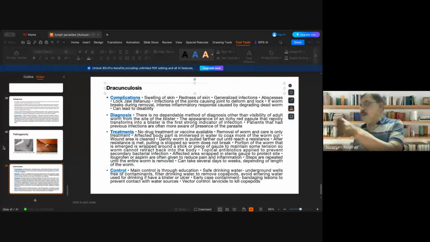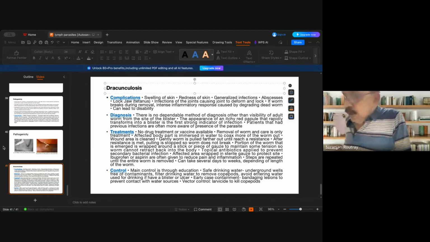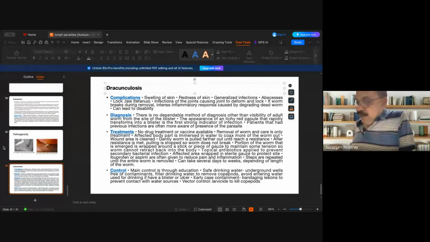Next is the mosquito. Mosquitoes, you know, they are responsible for major global diseases. Now, next we have the roundworm. Roundworms, Dirofilaria immitis, spread by mosquitoes.